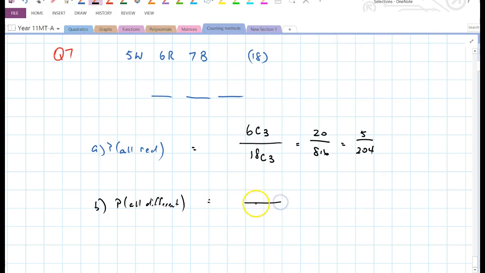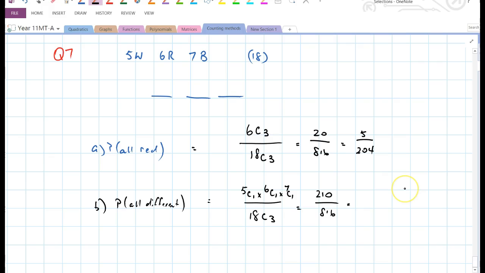Again, our denominator is 18C3, so there's 816 in our sample space. Now how many ways can we choose 1 white from 5, 1 red from 6, and 1 blue from 7? 5 times 6 times 7, which is 210.